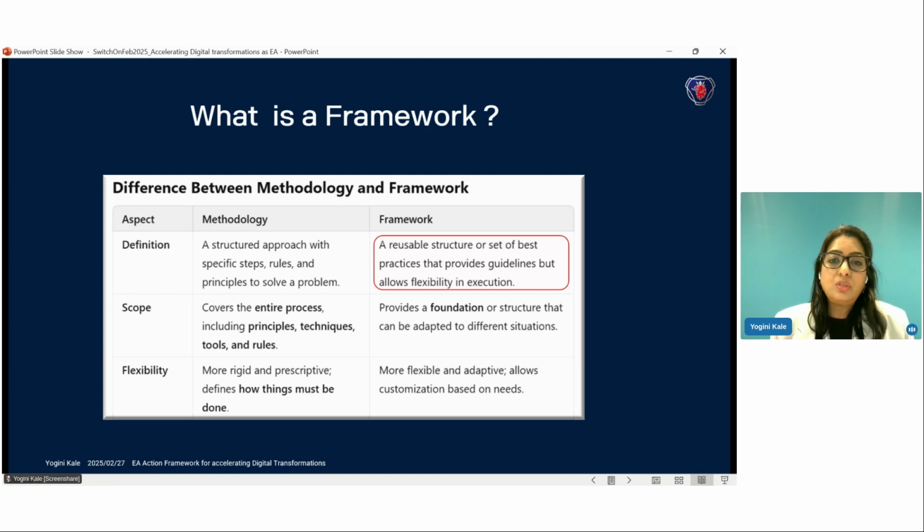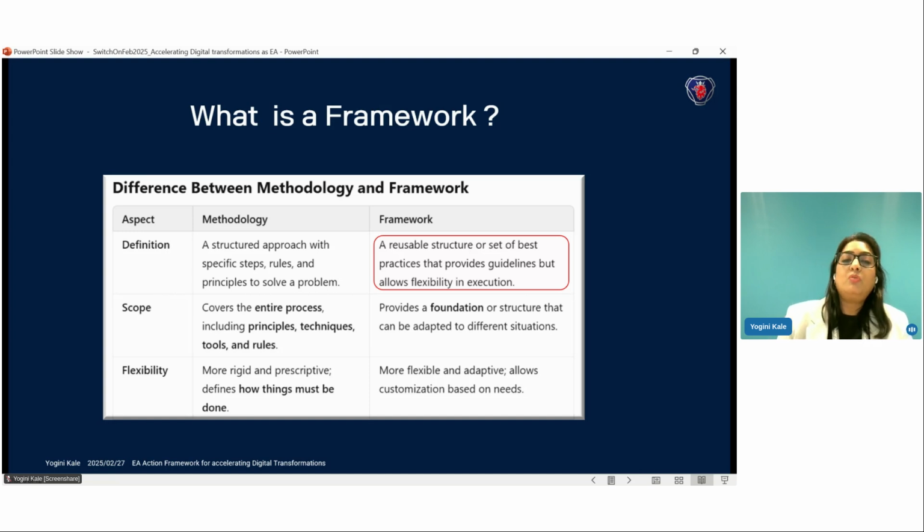So, as you see, a framework is a reusable structure or set of best practices that can be used as guidance, and it allows flexibility and adaptability to make customizations based on your specific business context or needs. And a methodology is more of a structured approach with very specific steps and rules and principles, which may be a bit rigid and prescriptive, but which is more relevant for specific contexts.